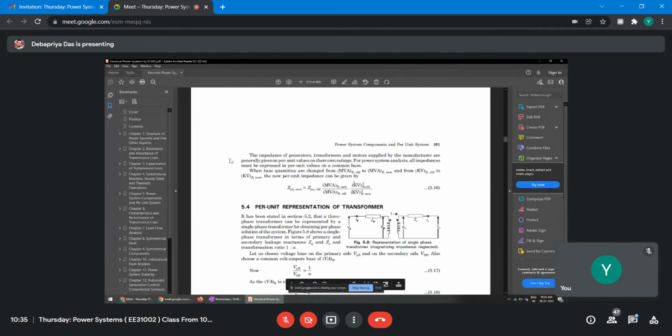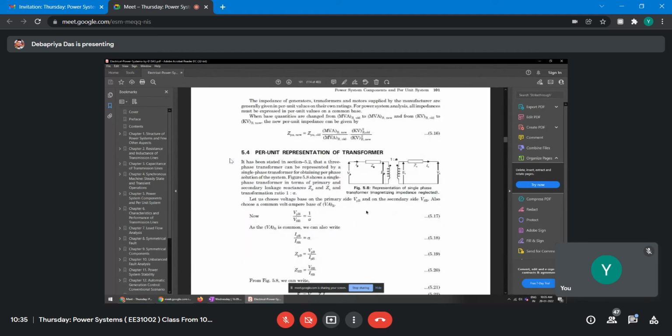Whatever formula is given, you first convert the per unit values given with some base to ohmic values, and then convert to the new base. It is written directly, but when you solve numericals you will find this formula is nothing, a very simple one.